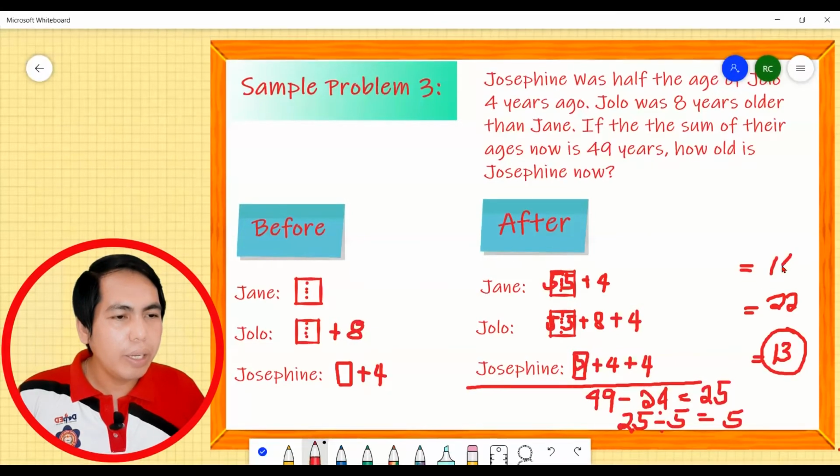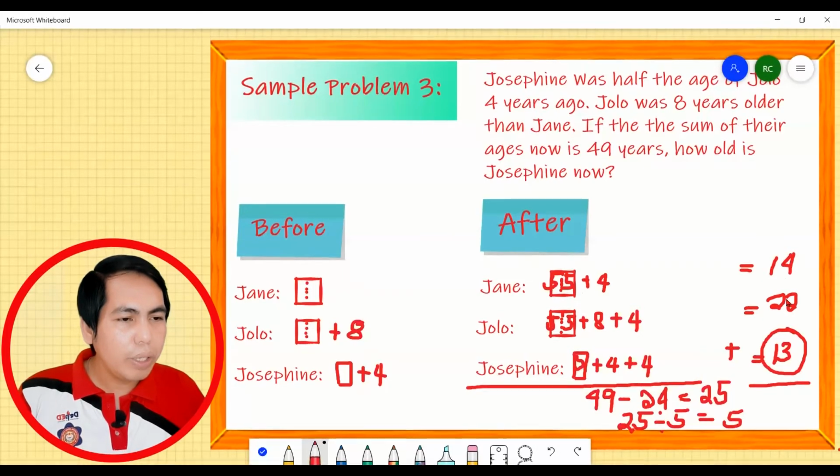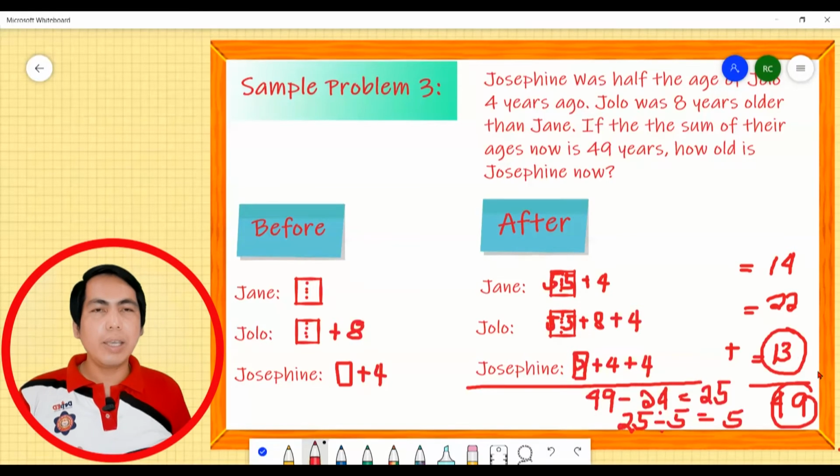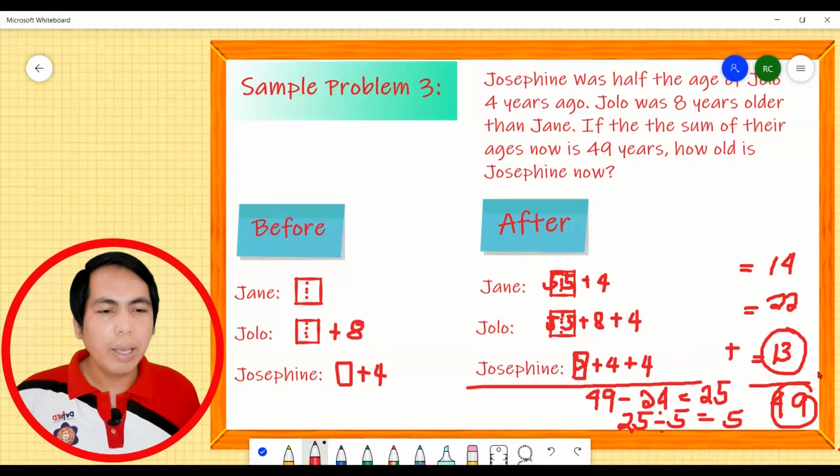So let's find out the sum of 14, 22, and 13. So 3 plus 2 is 5 plus 4 is 9. 1, 2, 3, 4, 49. So the total is 49. Check. So our answer is correct, that the age of Josephine now is 13 years old.